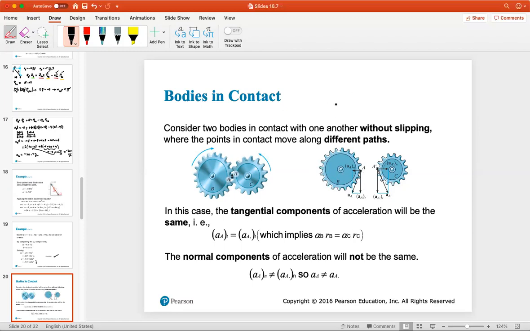Eventually, the larger gear would look flat, and the smaller gear would look like a ball. And what that tells you is that at the point of contact, the tangential accelerations must be the same. So call this a tangential 1 and call this object 2.